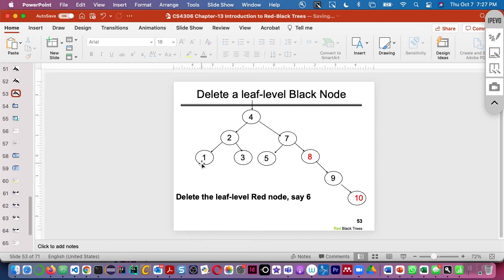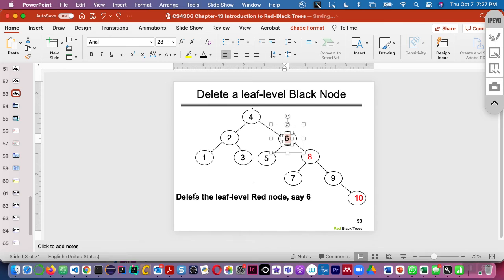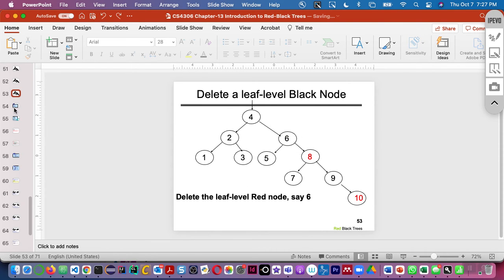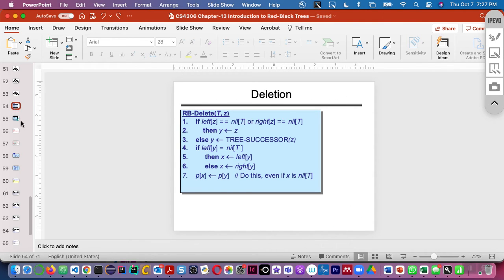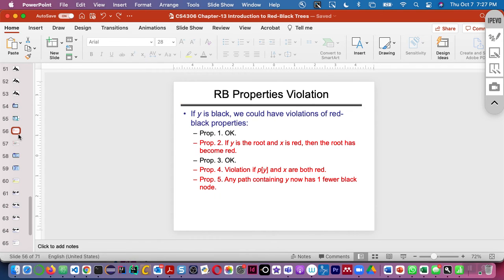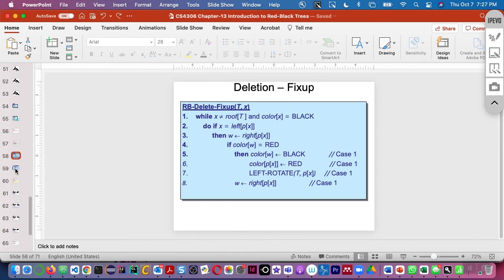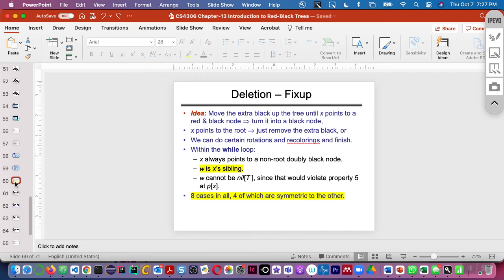Are you asking this question or something else? Okay, in that case it is good. But the fix-up is for other cases, not even this much simplification. Let us go to the fix-up algorithm.